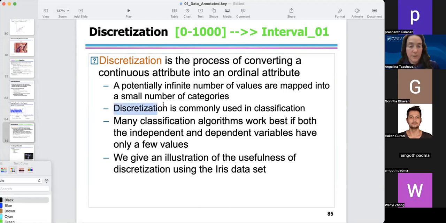This discretization is very useful for classification, like we were trying to determine if the customer is profitable or not profitable, or if he's a high risk or low risk for giving him the credit card.